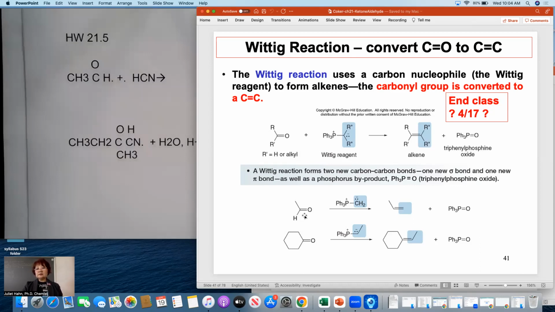So let's look at what actually goes on here. You've got an aldehyde here, and you've got your ylid. This ylid has 2 hydrogens on the carbon, so this carbon replaces the oxygen.